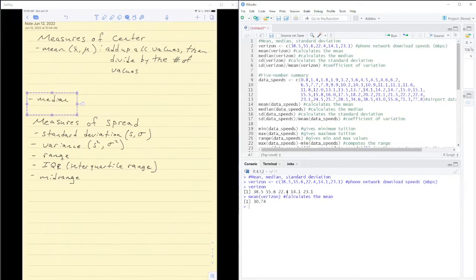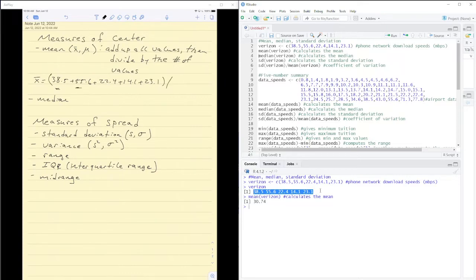So if I did that by hand, it would look like this. I'll move this again. If I wanted to calculate this mean by hand, how you would do it is you would add up all of these values: 38.5, 55.6, 22.4, 14.1, 23.1, and then you would divide by however many numbers there were.